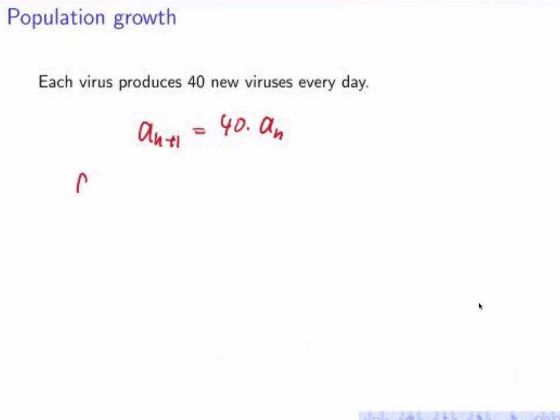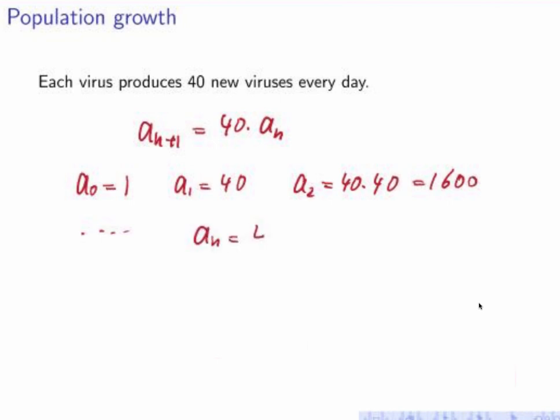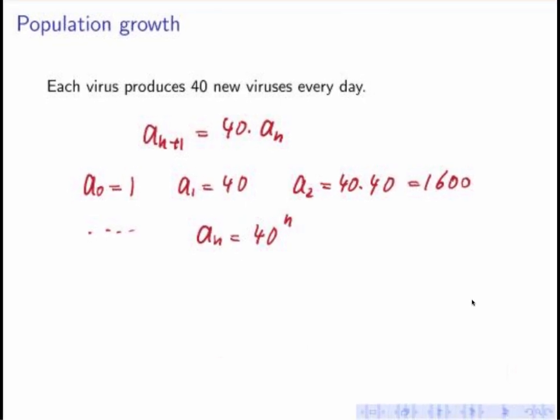So let's start with one virus. A0 is 1, and then A1 is 40 after 1 day. After 2 days, we have 40 times 40, which is 1600, and so on. So then you can figure out that after n days, you have 40 times 40 times 40, and this n times, so you have 40 to the n, which is a big number if n is really, really big.